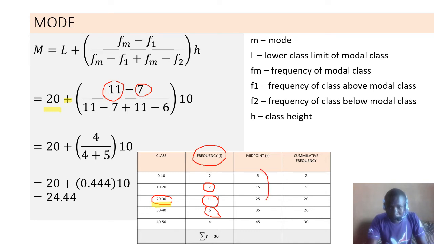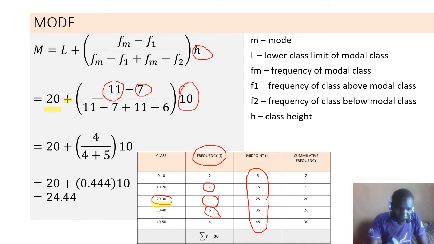That alone is enough to tell us the class height of this continuous distribution. 15 minus 5 gives us 10. 25 minus 15 gives us 10. That's enough illustration to tell us that the class height is 10. That is why I have substituted it in our formula.